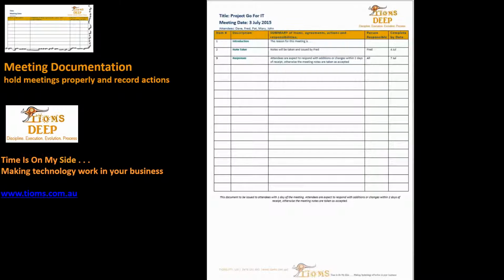The attendees should be asked to respond with any additions, changes, complaints or anything like that within 2 days of that email. Otherwise, you say that the meeting notes are taken as accepted by everybody. That way, you don't get into these problems of people not responding and then a month later saying, well, I didn't agree to that. So unless they have responded within a couple of days, then the notes for that meeting are taken as read.